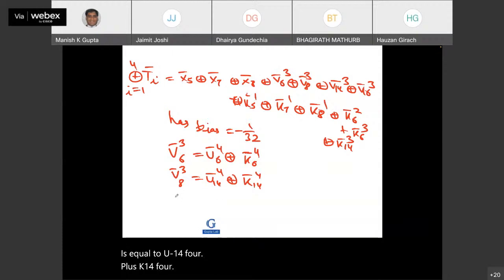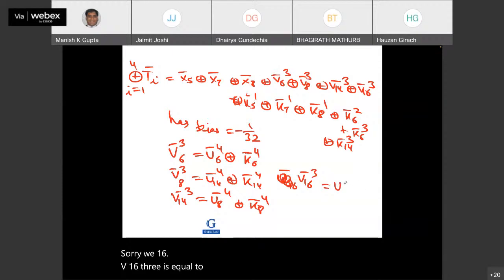Then V143 is equal to U84 plus K84, and V164 is equal to U164 plus K164.